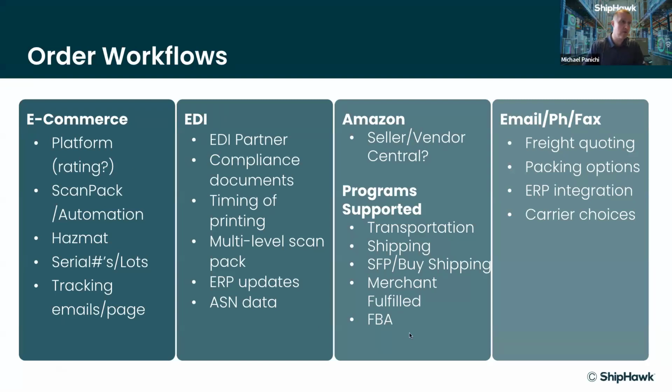The main programs that Amazon has today include Amazon Transportation, where they leverage sorting facilities. So if you're strategically located near a sorting facility, they will charge you shipping based on coming from that sorting facility, so it's a way you can save on costs. ShipHawk supports this.